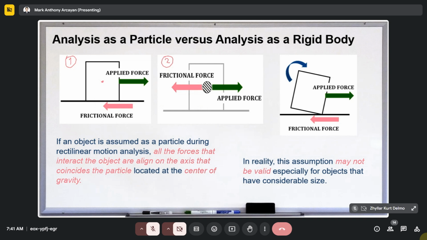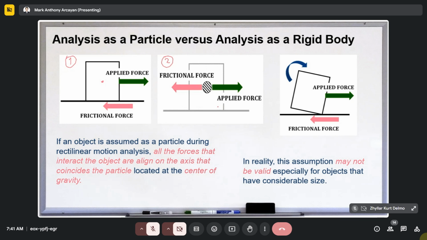Plus, this analysis is valid as long as the size of the object is very small compared to its path. Okay, the dimensions are not significant. This is valid.